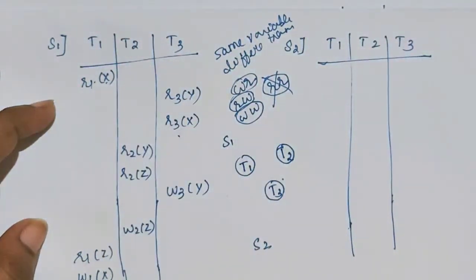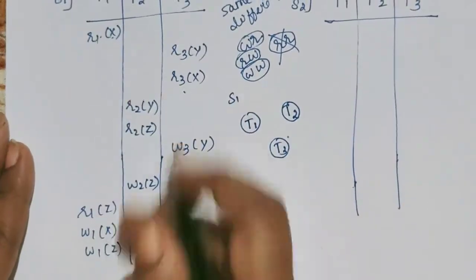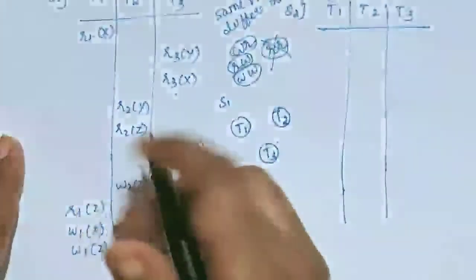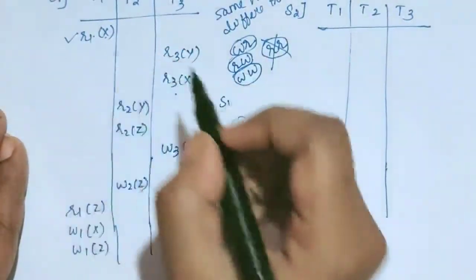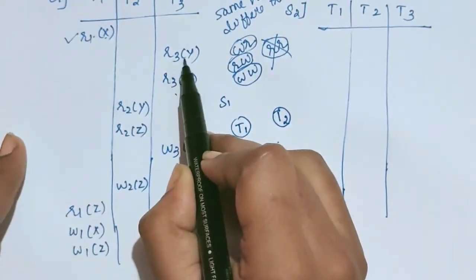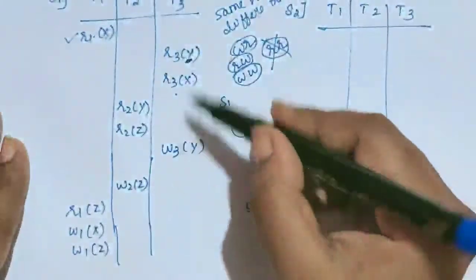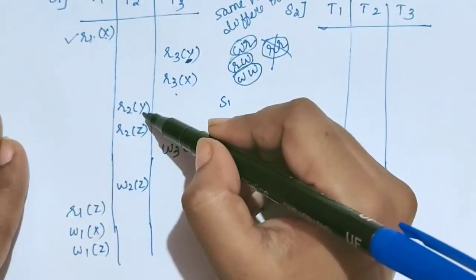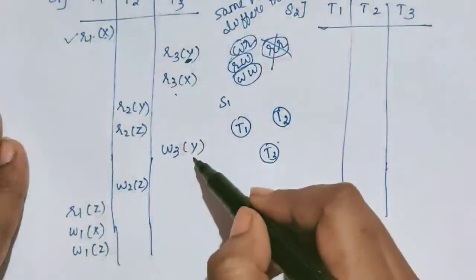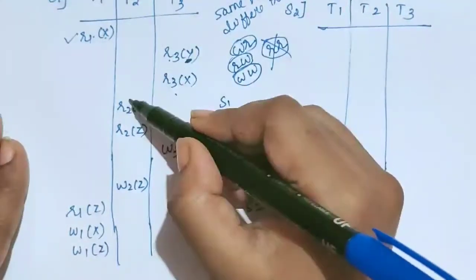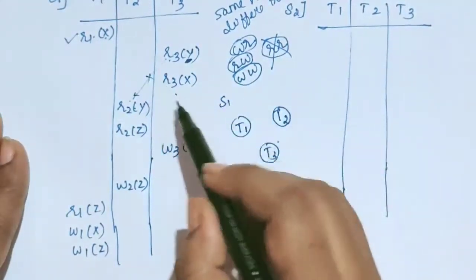Then find X here. X is there, but it is the same transaction, so it is not a conflict pair. So for R1 there is no conflict pair. Then again find for R3 of Y, check whether any other transaction has variable Y. Here Y is present, and here Y is present, but read with read is not a conflict pair.